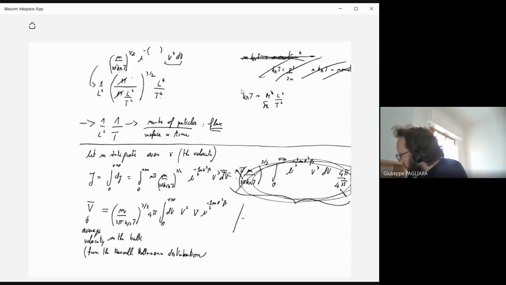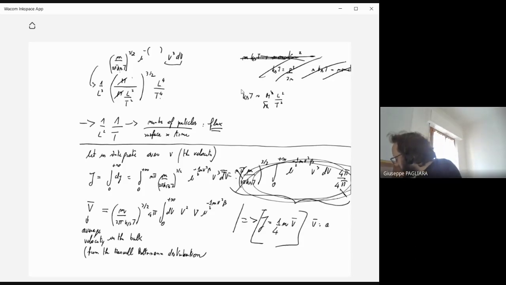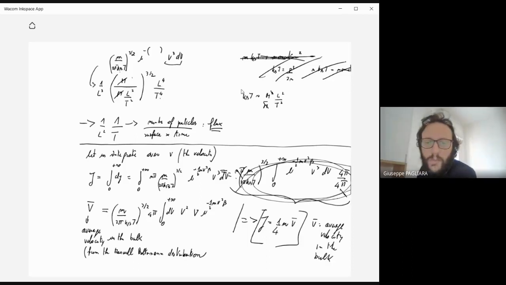So that means that J is nothing but 1/4 n v average, where v bar is the average velocity in the bulk. In the bulk means inside the box, okay, not close to the hole.